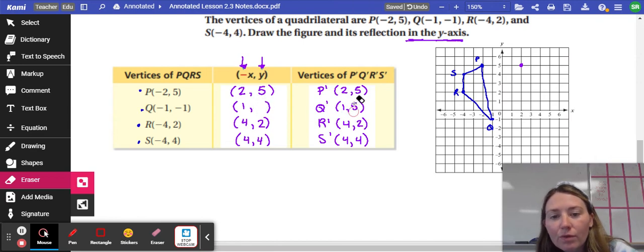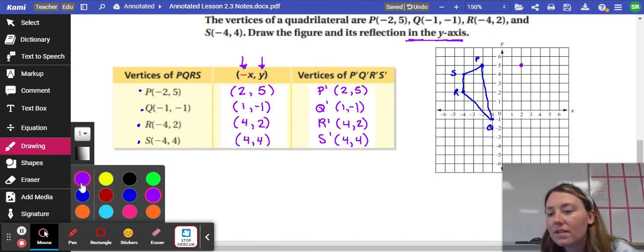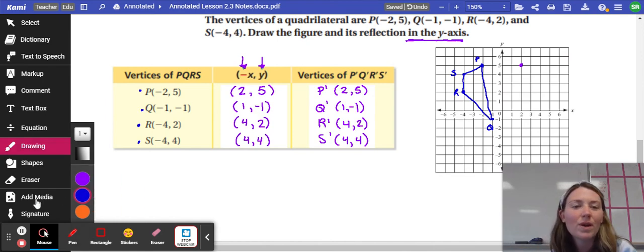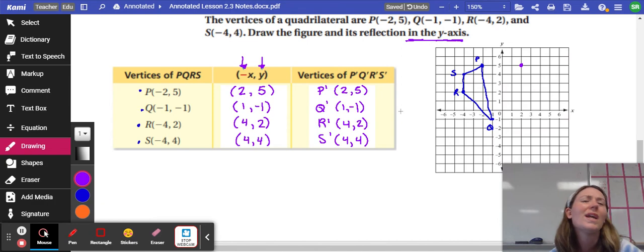The y-coordinate for Q was not 5. The y-coordinate for Q was -1, so it should remain -1. That makes more sense. So this is a good way to pick up when you're making a mistake. If you go to plot the point and you say, wait a minute, that's definitely not a reflection over the y-axis, I must have made a mistake. Let me go check my work. All right, so Q prime we're going to be putting at 1, -1.